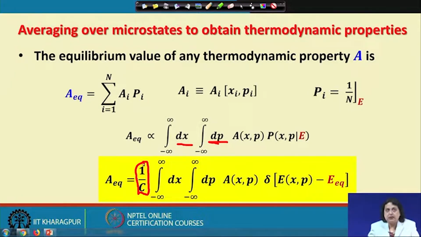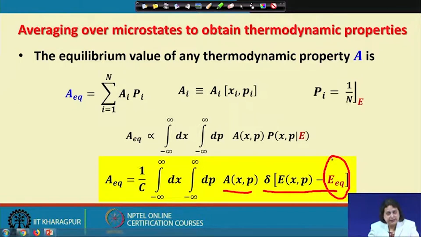I have not defined what these things are; rather I would like to highlight that for any such system, A equilibrium is given by the value of A at a given microscopic state, under the condition that you have only those microscopic states which satisfy the condition that the corresponding energy of the system is equal to the equilibrium energy value that is given to you.